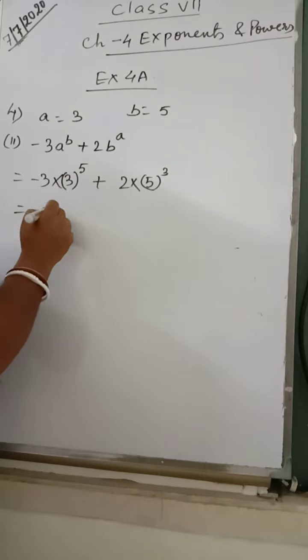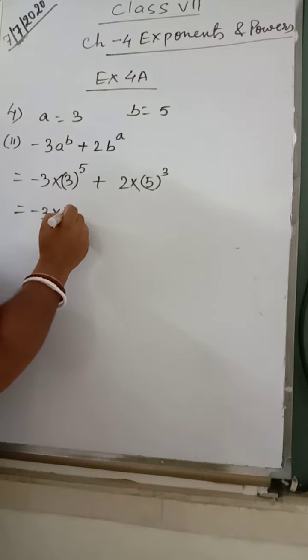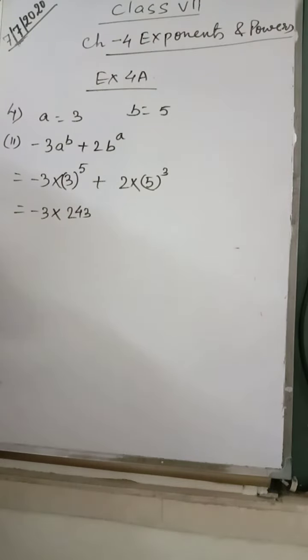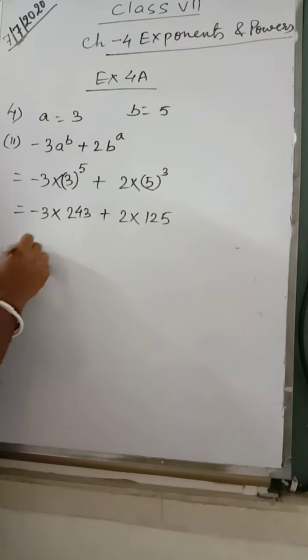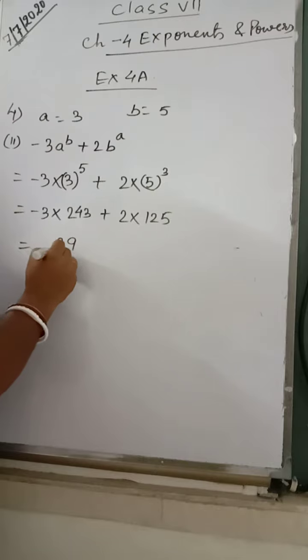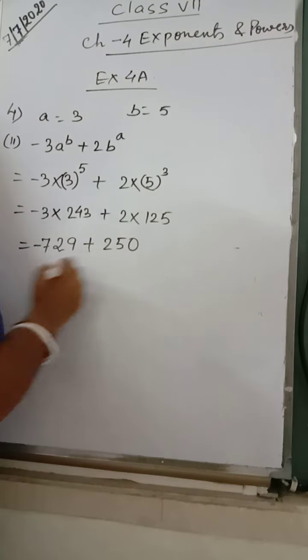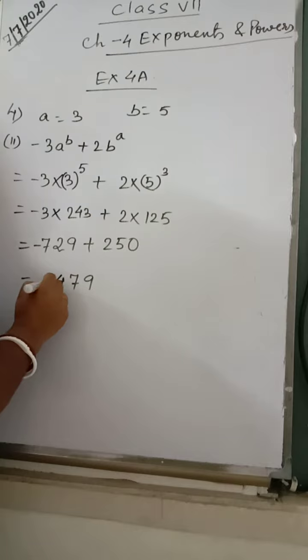Now it gives you minus 3 into 3 to the power 5: 3 is 9, 3 is 27, 3 is 81, 3 is 243. This gives you 243 and plus 2 into 125. Now when we multiply, 3 threes are 9, 3 fours are 12, 3 twos are 6 and 1 is 7, minus 729 and plus 250.